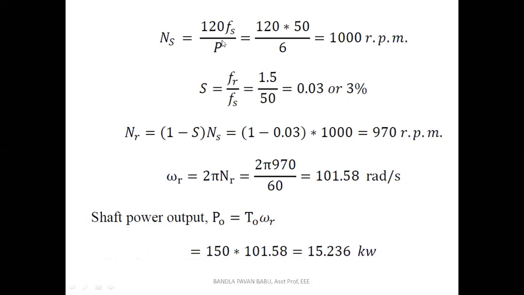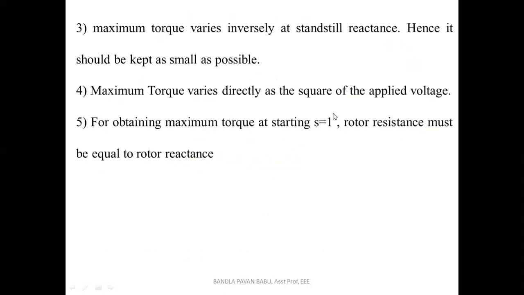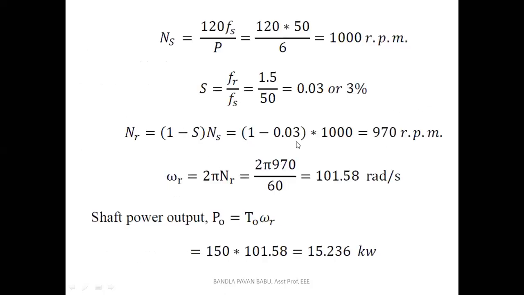So that is 120 F by P, or 120 Fs by P. Because they have given the supply frequency 50 hertz and the poles 6, we got 1000 RPM as the stator speed. And also they have given that the rotor frequency is 1.5 hertz, that is FR they have given, and we know the Fs is 50.